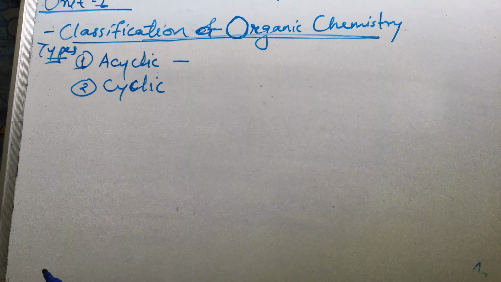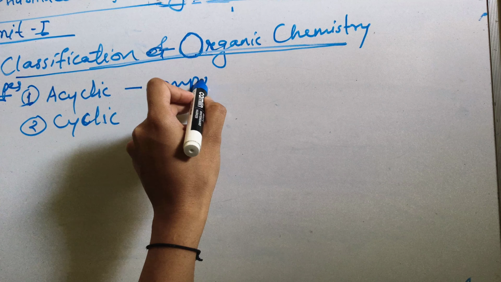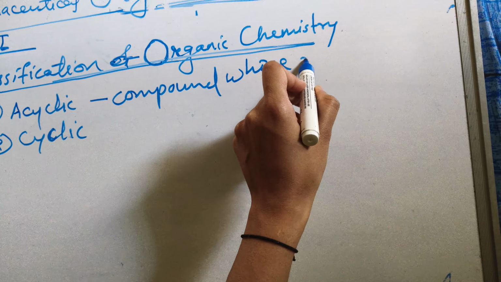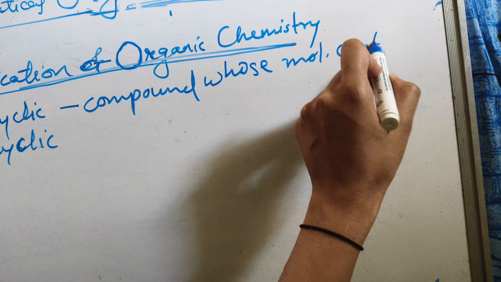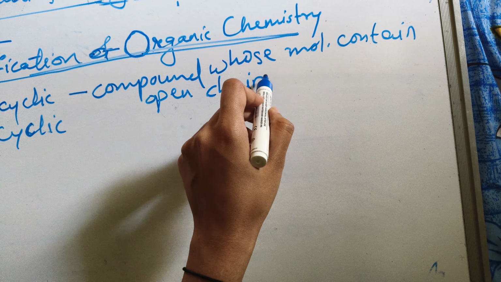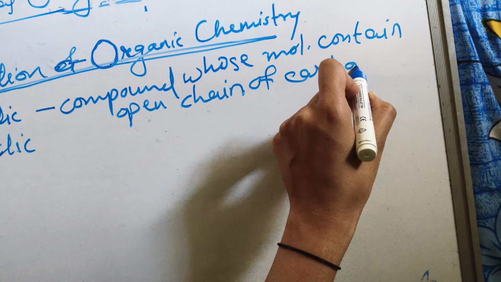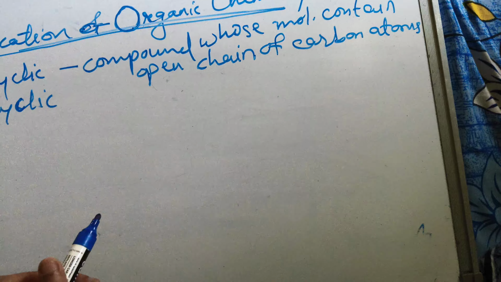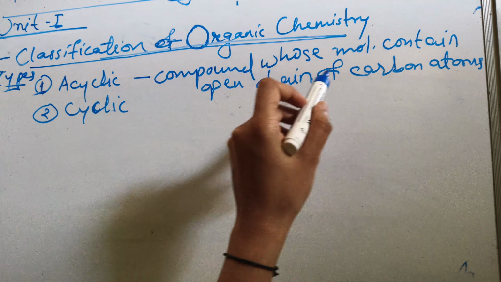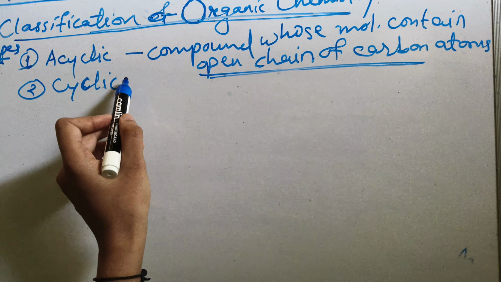The compound whose molecule contains an open chain of carbon atoms is called an acyclic compound.